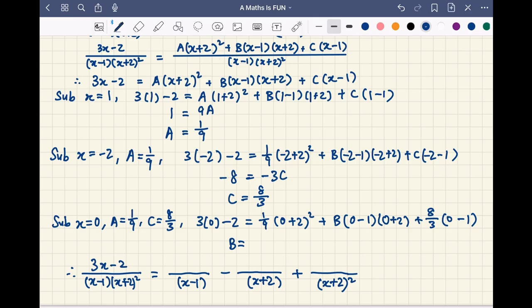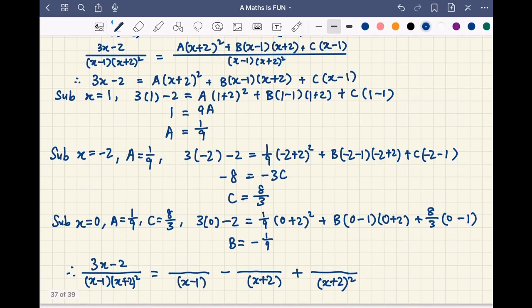So after we substitute in x equals 0, and we do a bit of rearranging and solving, which I won't elaborate, then we'll have b equals negative 1 over 9. So as seen before in the first case, I will go a bit faster this time around.